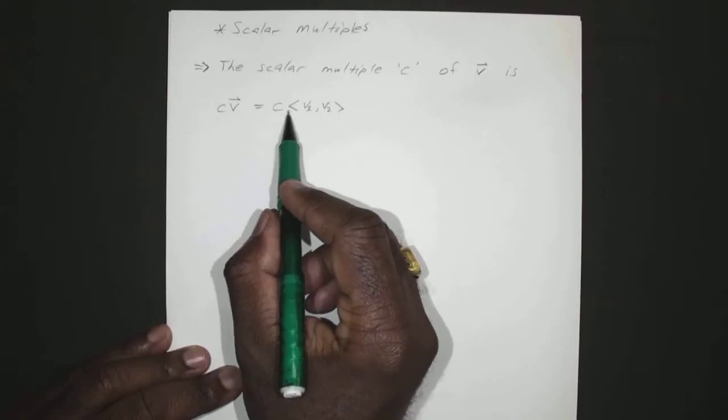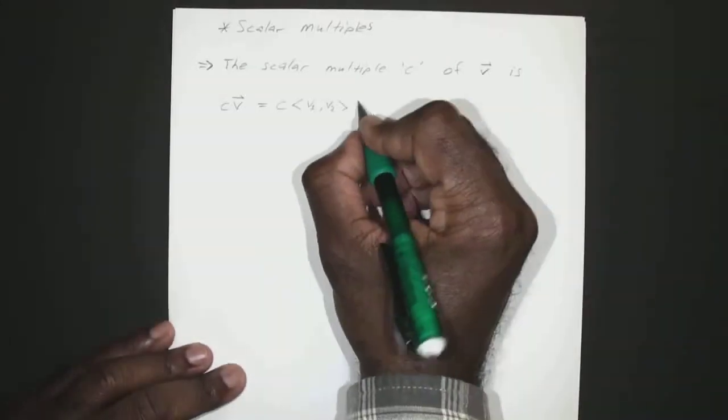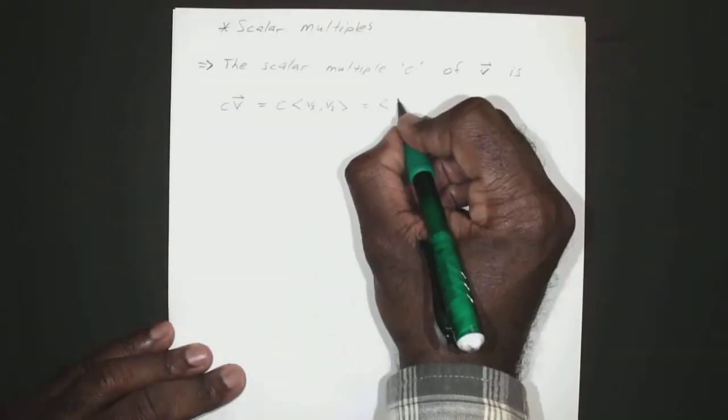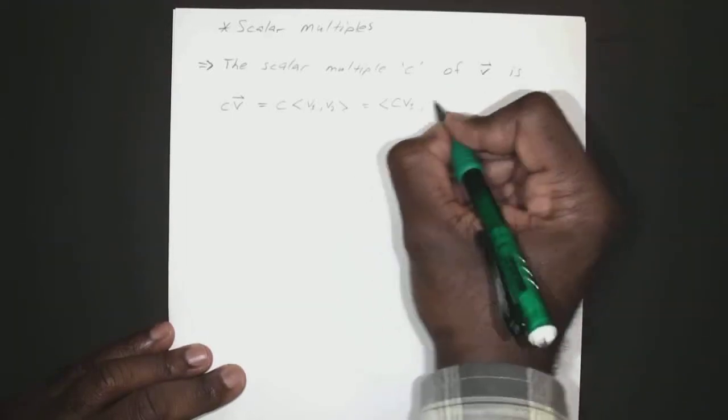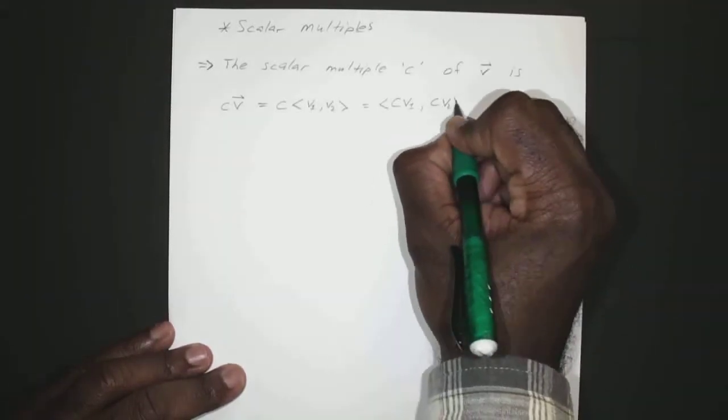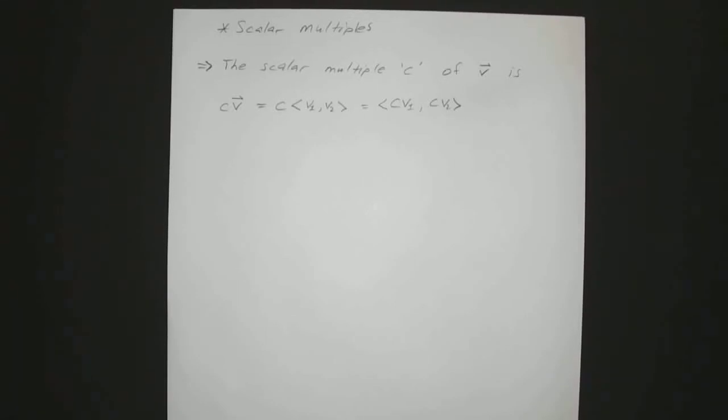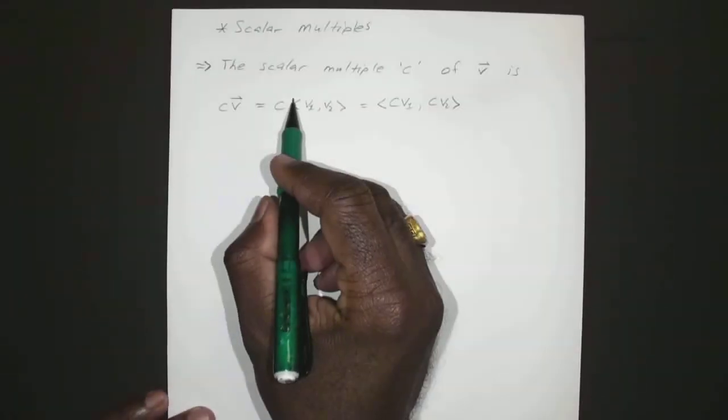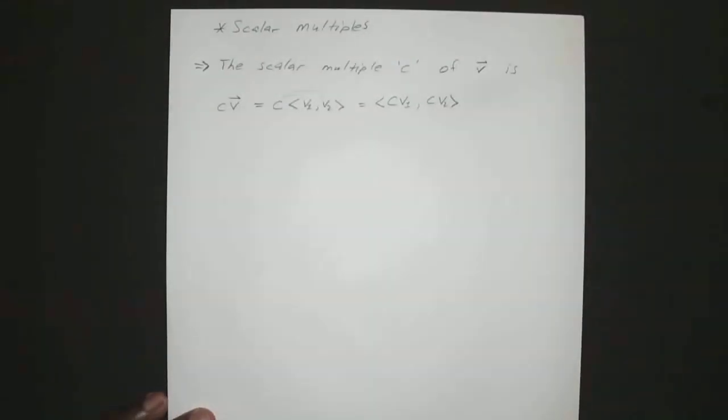All you have to do is multiply each component by that constant. So it's pretty similar to the distributive property, where that constant just gets distributed to both.